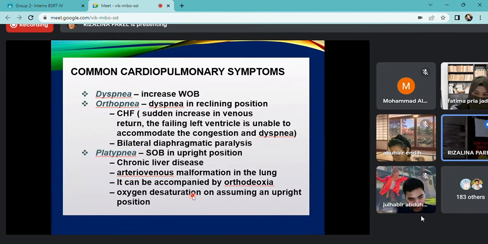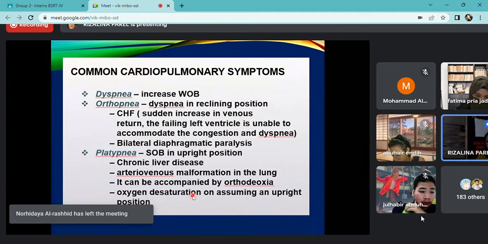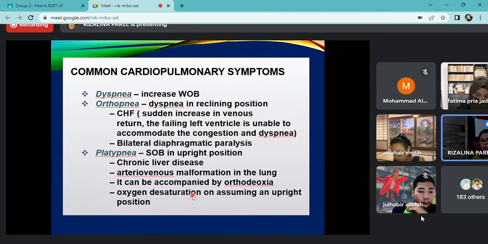Okay? Next is orthopnea. So kasama yan sa cardiopulmonary symptoms natin. But in general nga kasi kinakategorize natin under dyspnea. But for specifically, common yung cardiopulmonary symptom na orthopnea. For this patient, please take down notes of the diseases na meron itong orthopnea.